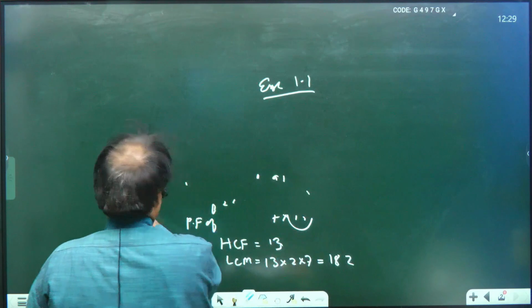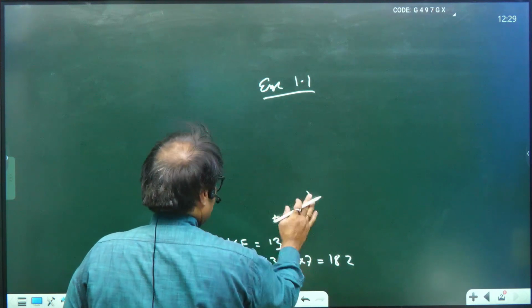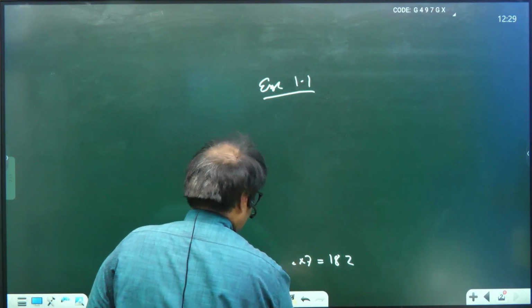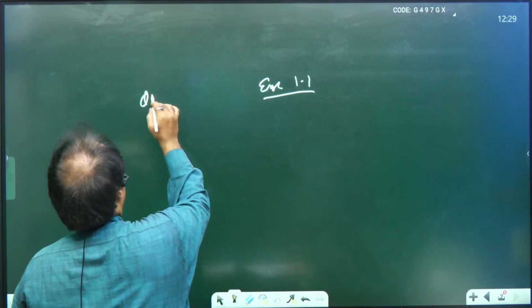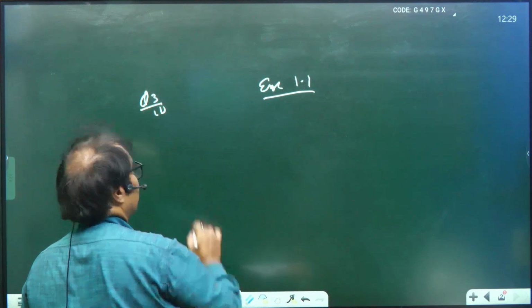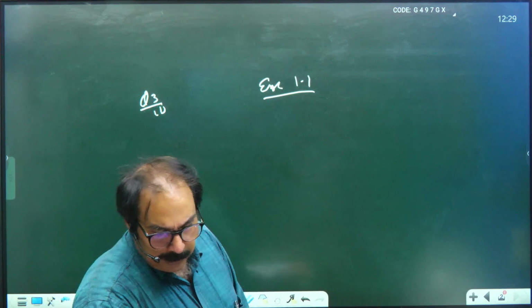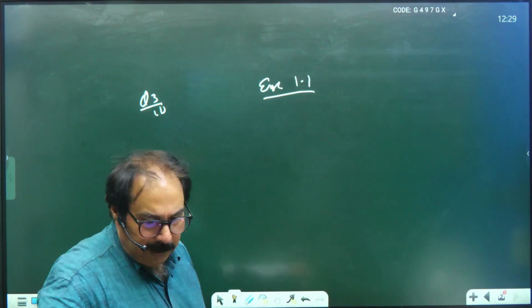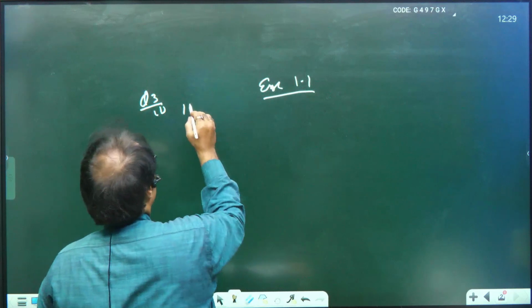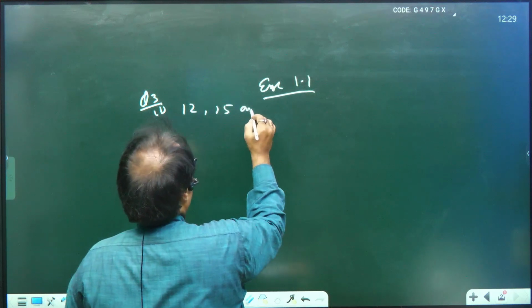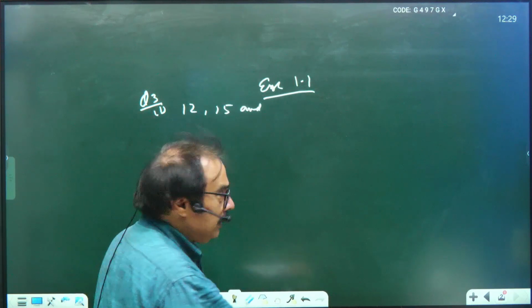The third question is related to three numbers. Question number 3, first part: find the LCM and HCF of the following integers by applying the prime factorization method. These are 12, 15 and 21.